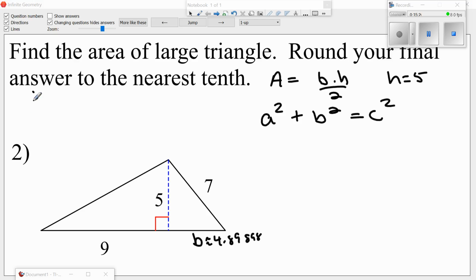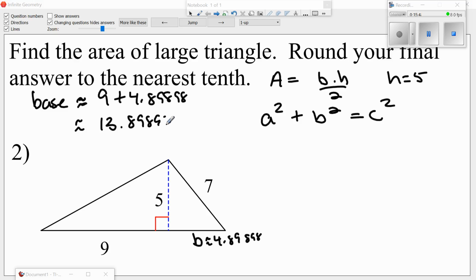So remember, my base is just these two parts added together. 9 plus 4.89898. Well, this should be approximately equal to 9 plus 4, which is 13.89898.